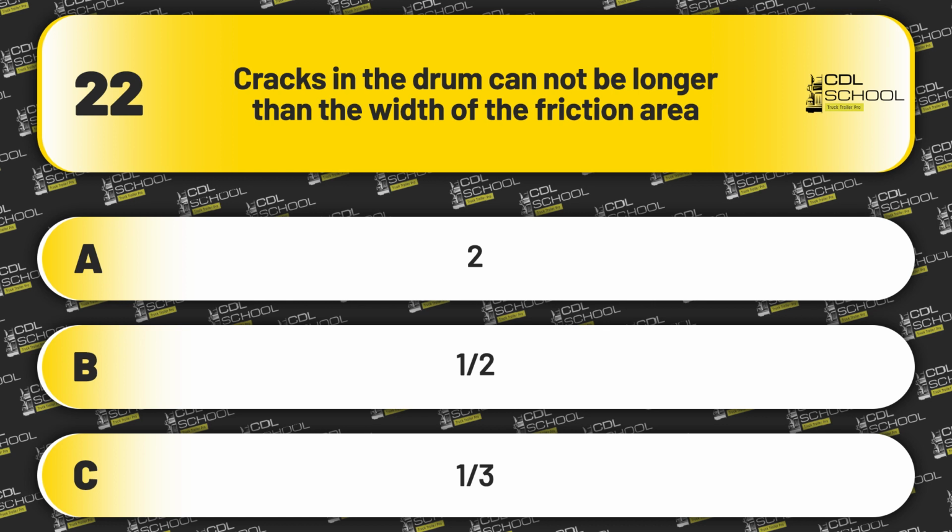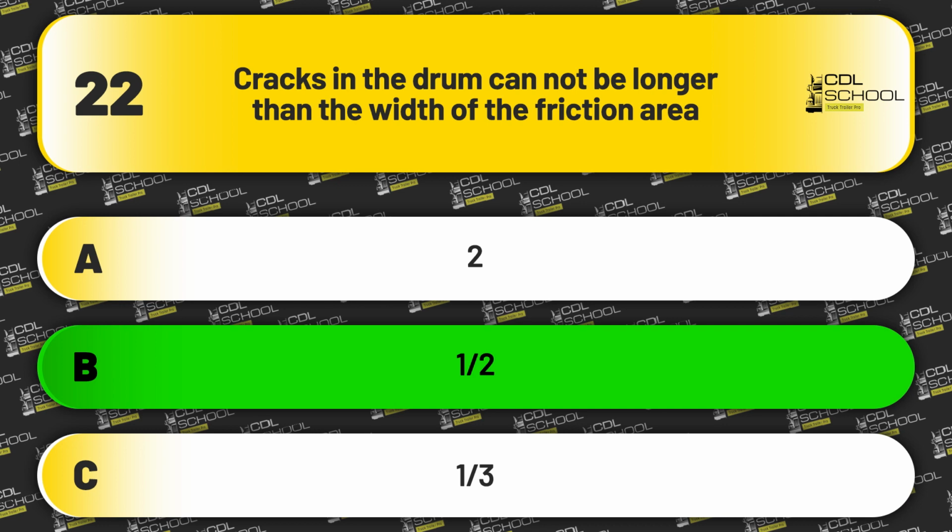Cracks in the drum cannot be longer than what part of the width of the friction area? A, 2, B, half, or C, 1/3. The correct answer is half the width of the friction area.